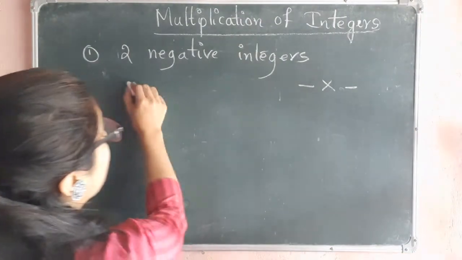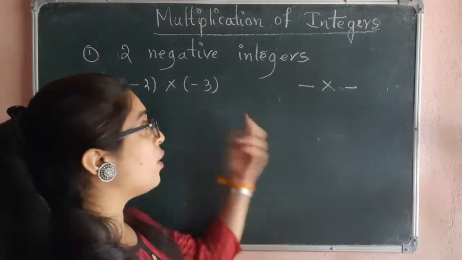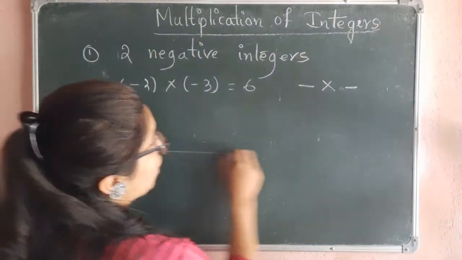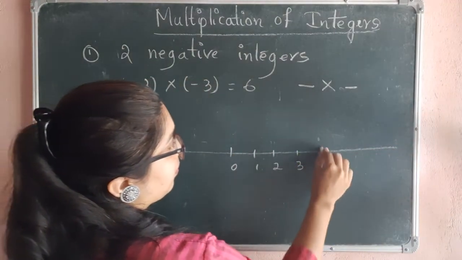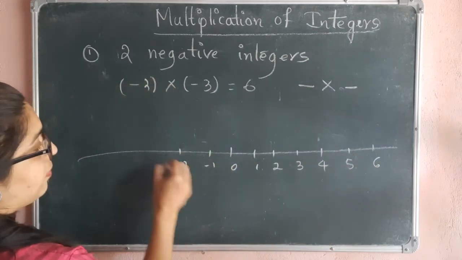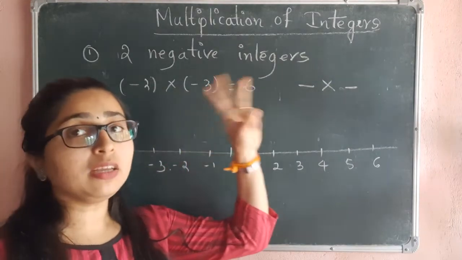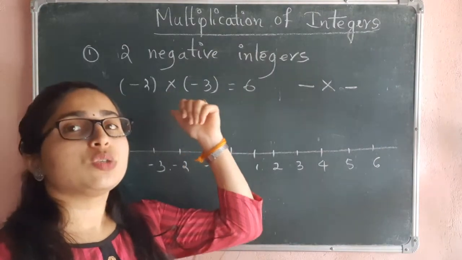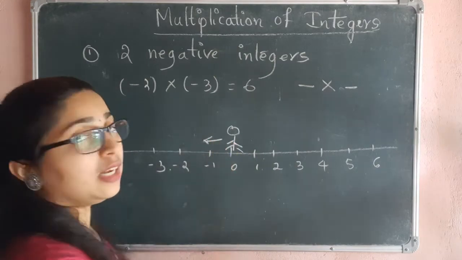We will check. Minus 2 into minus 3. According to me, the answer is 6. Okay, let us check it. I will draw the number line. So first it is a group of 2 and I will be jumping 3 times. So 2 and here there is a negative sign. So the negative sign means I am standing at 0 and facing to the left.